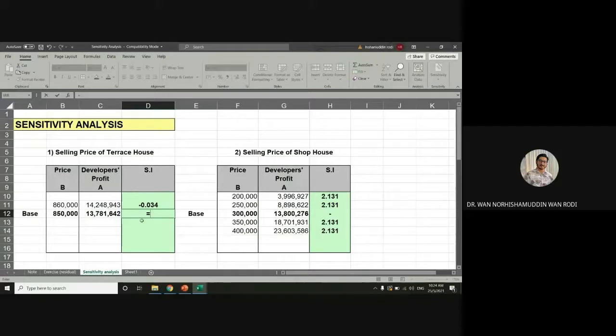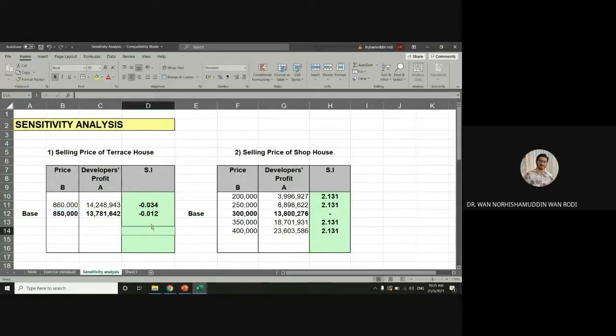Next, percentage change in variable B. I'll put the calculation here to demonstrate to all of you: equals B base minus B, divided by B base. Enter.